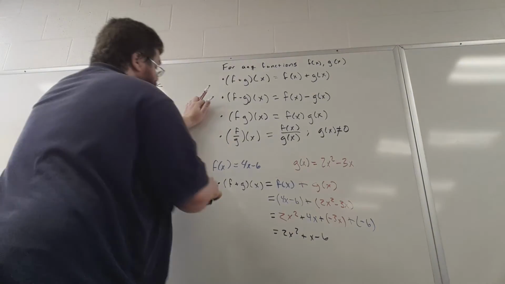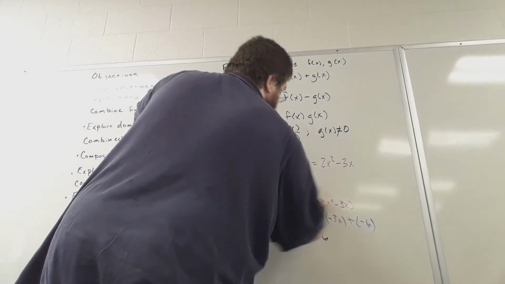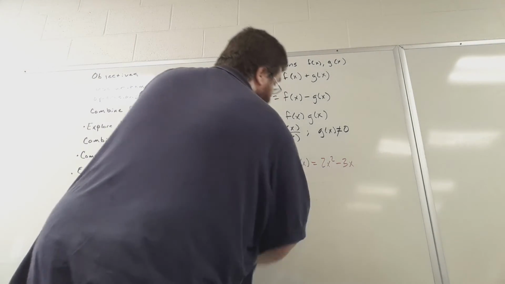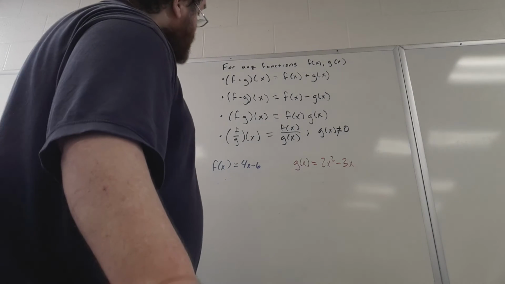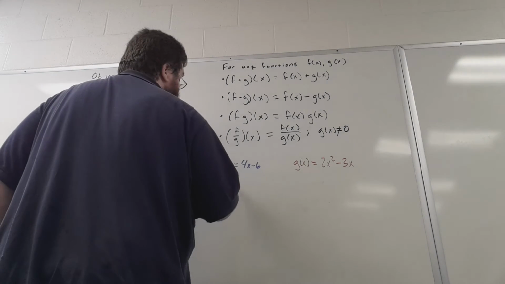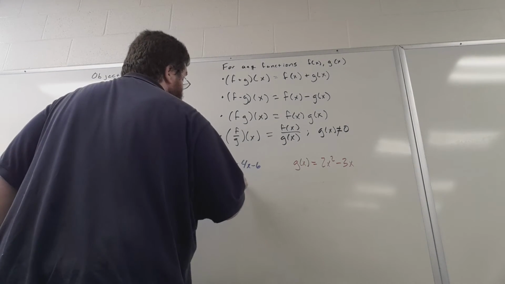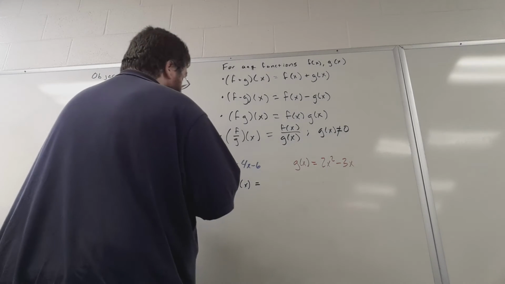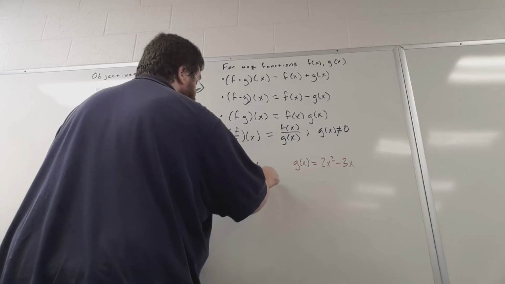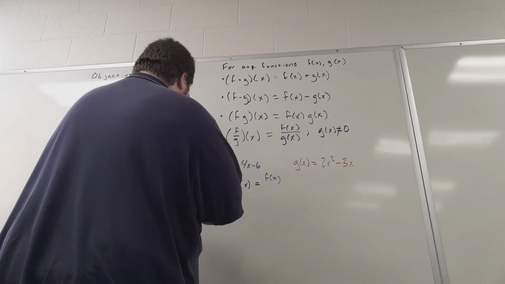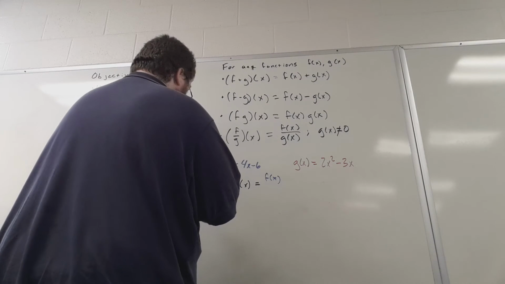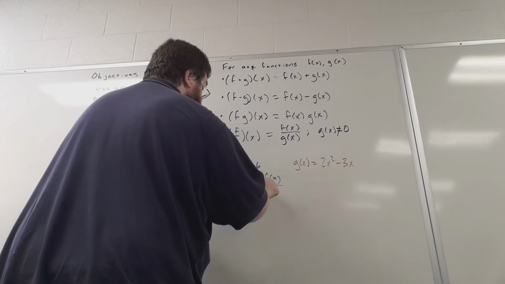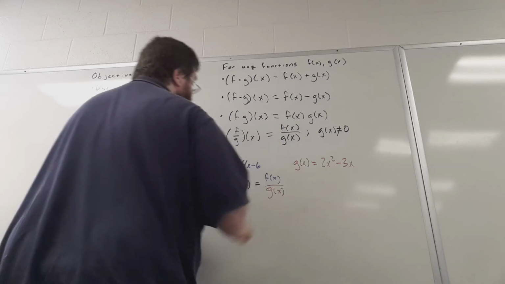Let's look at the division problem. Combining these using division. So this is going to be f of x over g of x.